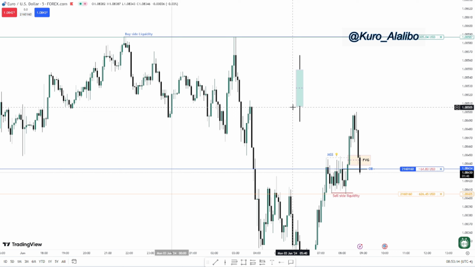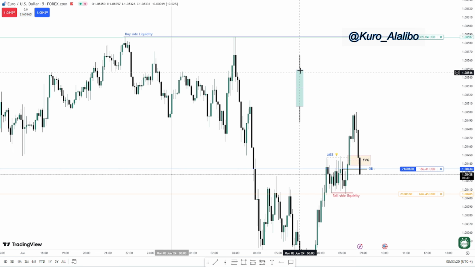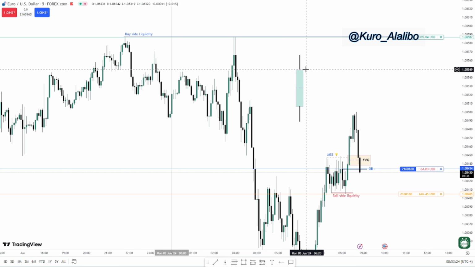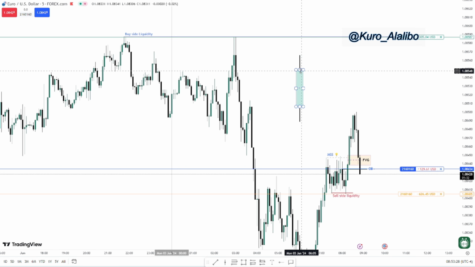The candle opens here, expands downwards, forms the low of the candle, expands back up to form the very high. Then it will close somewhere close to the high.